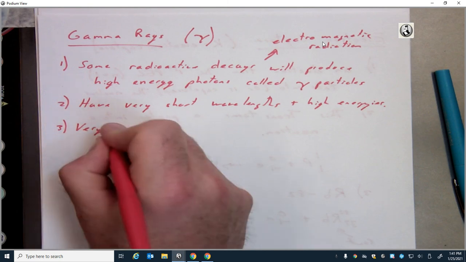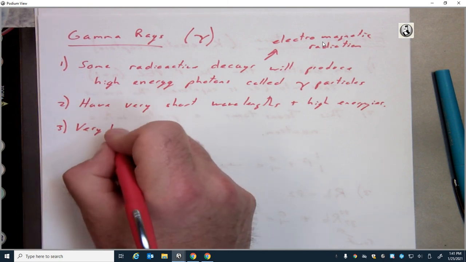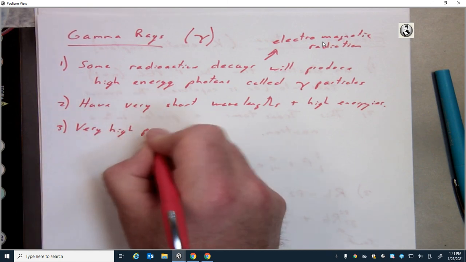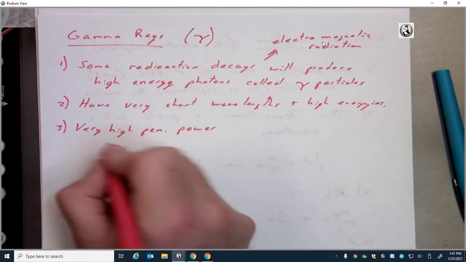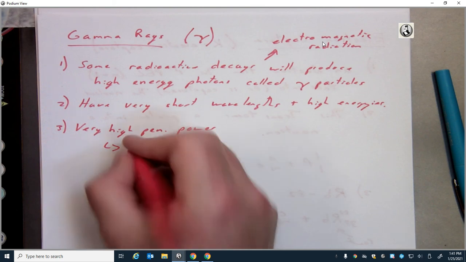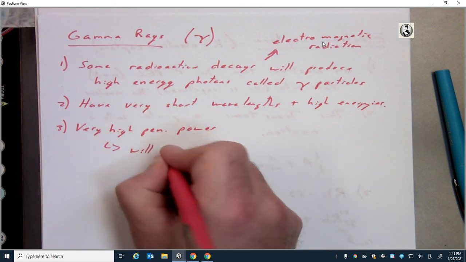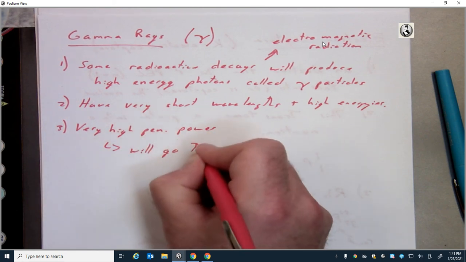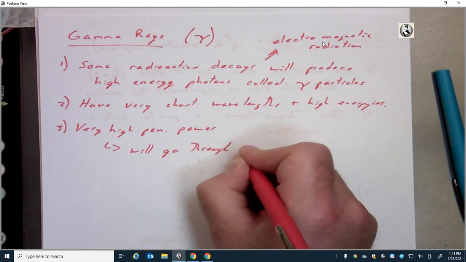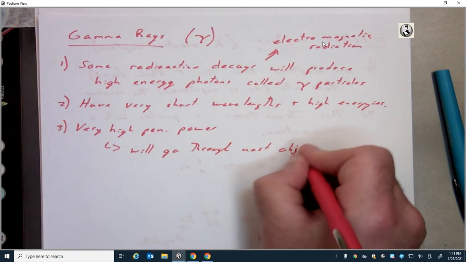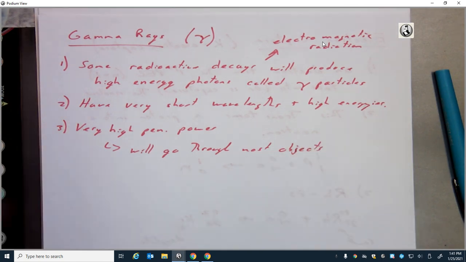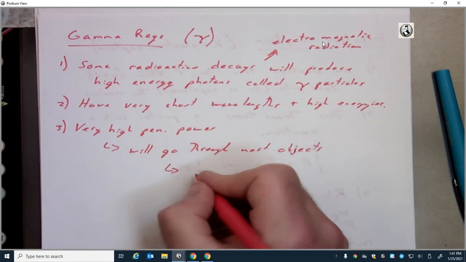They have a very high penetrating power. They will go through most objects. They will cause major damage.